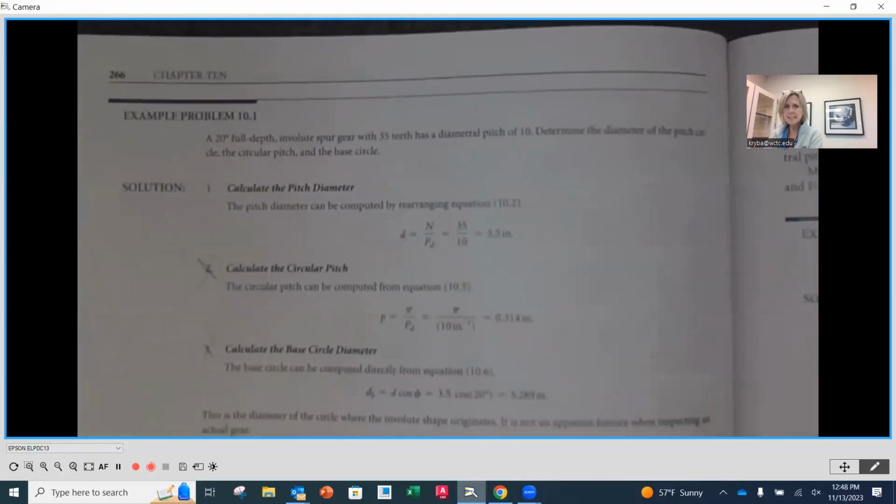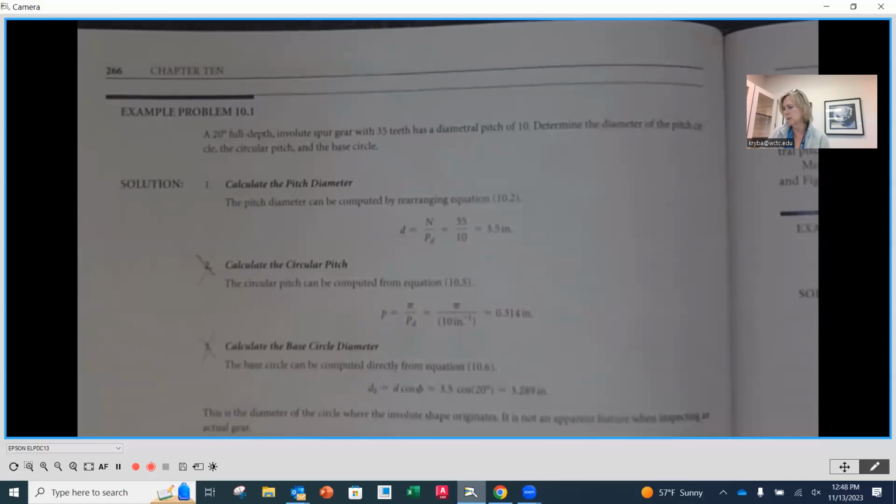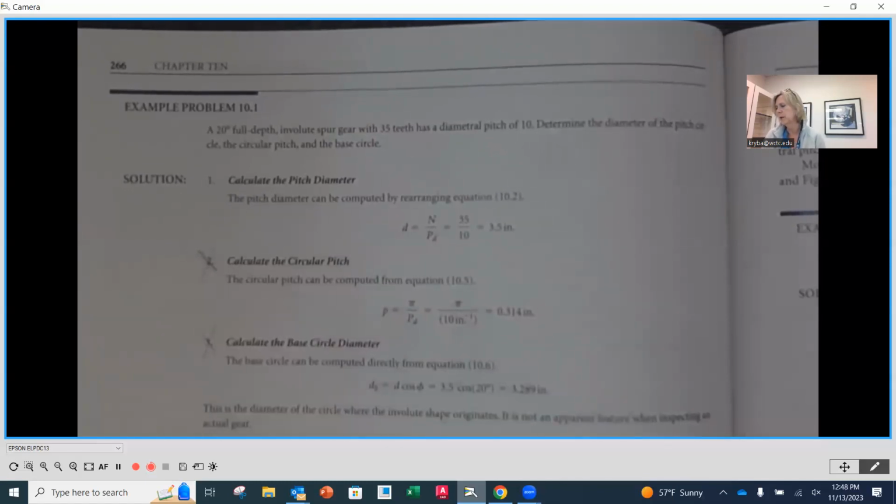I did cross out a couple of the items here. It says we have a 20-degree full depth involute spur gear with 35 teeth. It has a diametral pitch of 10. Determine the diameter of the pitch circle, which is the pitch diameter. It also wants the circular pitch and the base circle.